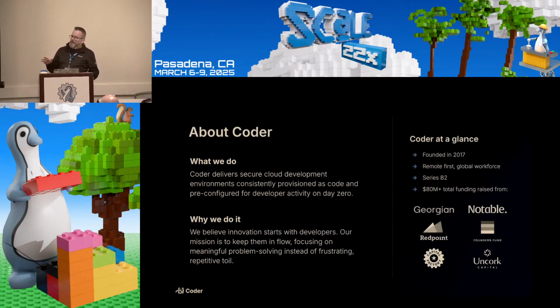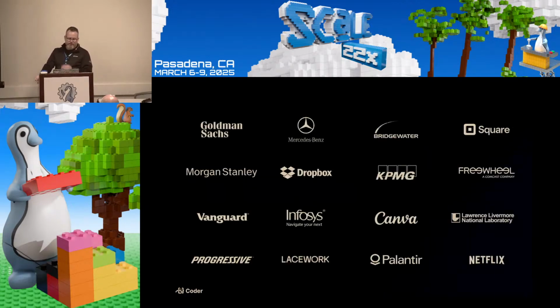So Coder, the company. We've been around since 2017. We're still funded. We're in a Series B2 right now. We're finding great success in the Fortune 500 and government, who are purchasing our product. But we also have a lot of small projects using our community edition. Our mission is to keep developers in flow, period.